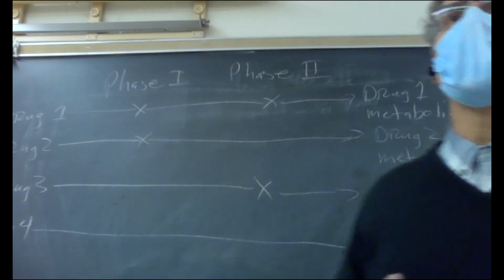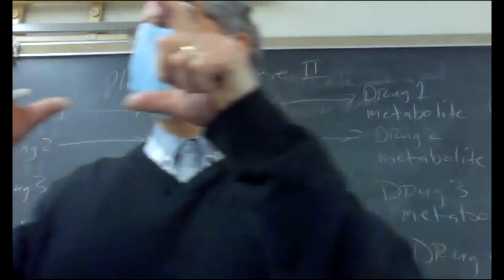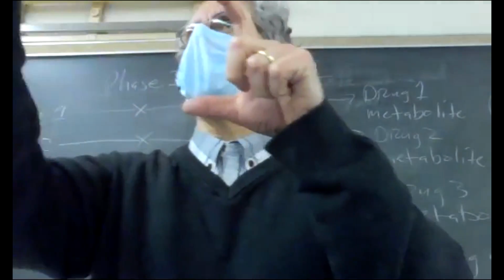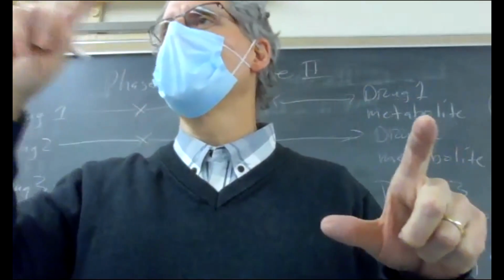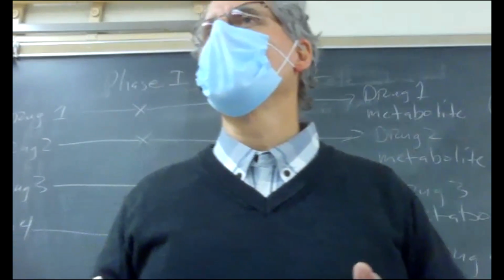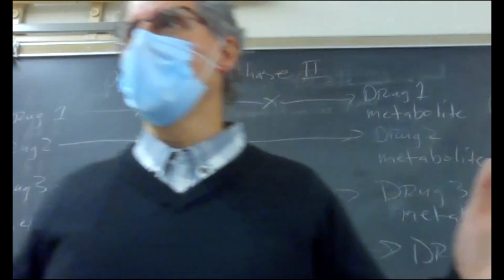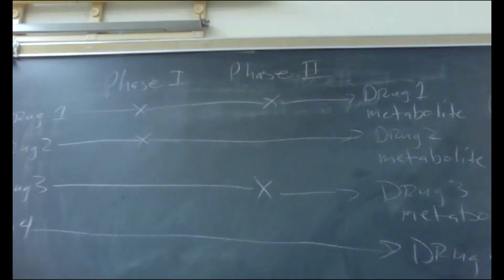That's why, remember in anatomy, did you look at slides of liver? Remember all that stuff in liver that looked a little bit like spaghetti? That's the smooth ER. Liver's full of it because liver is going to process these molecules. And a word that is in your book that you might want to get used to is this term xenobiotic.